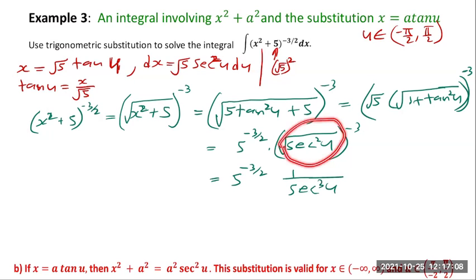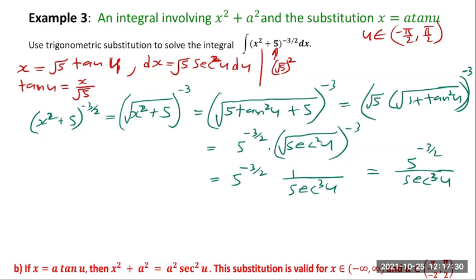Remember, this is secant u. You have minus 3 power. I'm going to bring that to the bottom to make the power positive. So this is what you have. This is your integrand. Of course, you can write it a little better if you want. 5 to the power minus 3 over 2 divided by secant cube u.